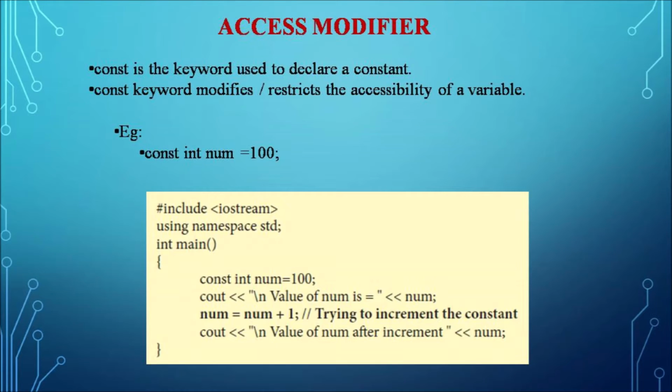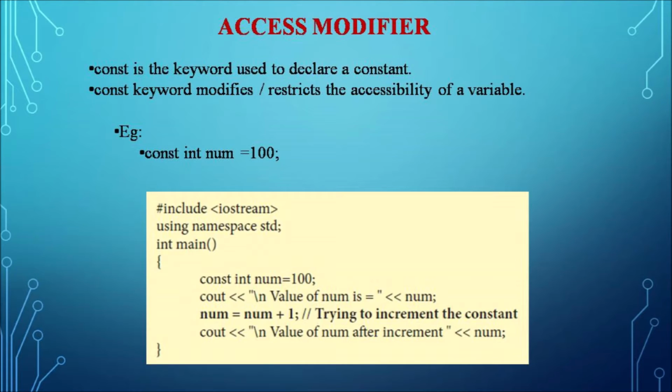It can never be changed during the execution. If instead of using const, we just declare int num is equal to 100, the value can be easily changed. But since it is declared with the const keyword, at any time the value 100 cannot be changed.